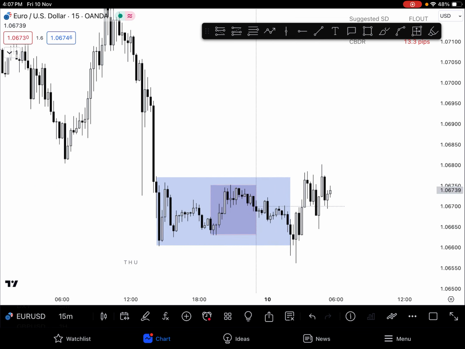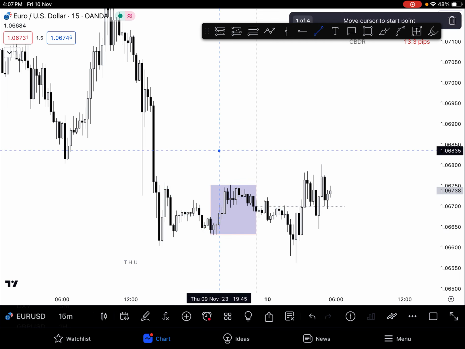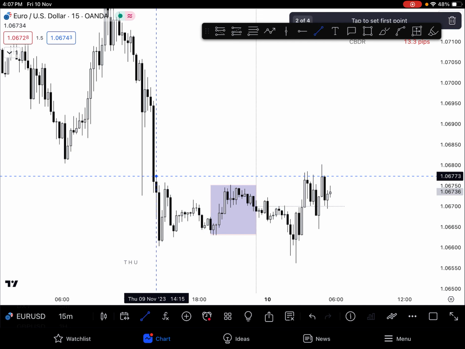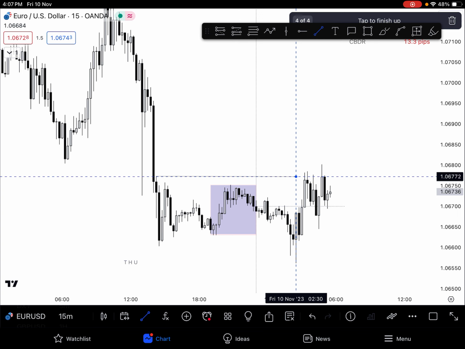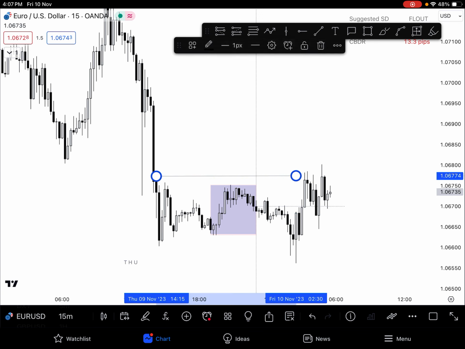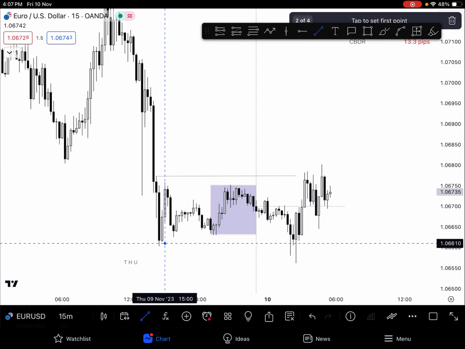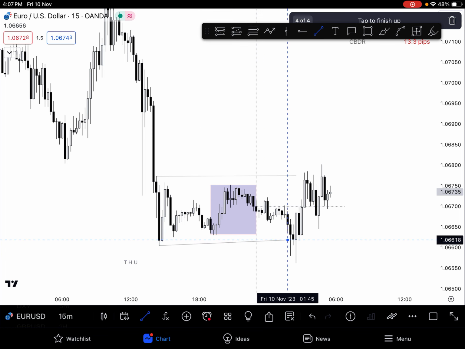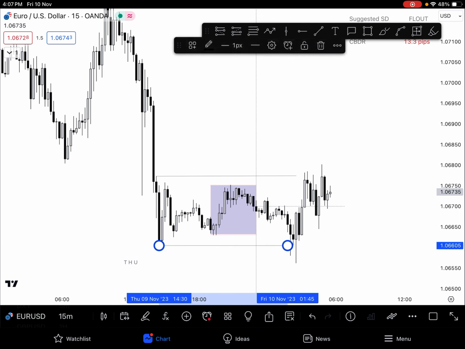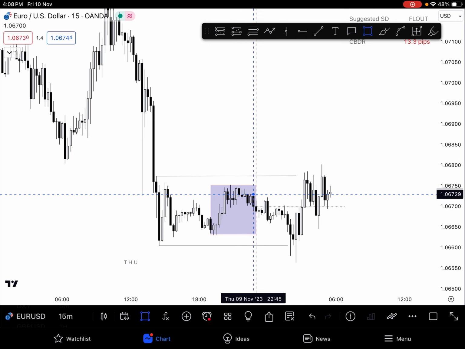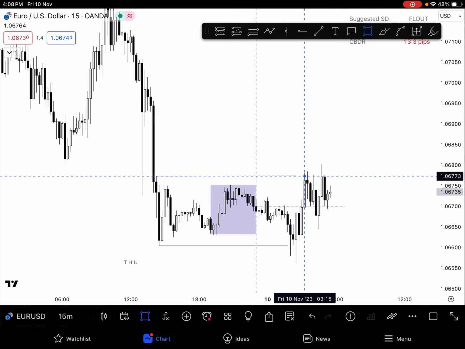You can consider candles as a range. This candle is my range high, and this candle is my range low, and we have multiple candles inside this range. So we got accumulation, we got manipulation.